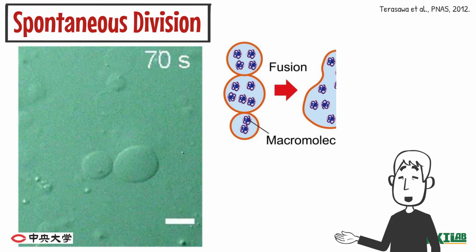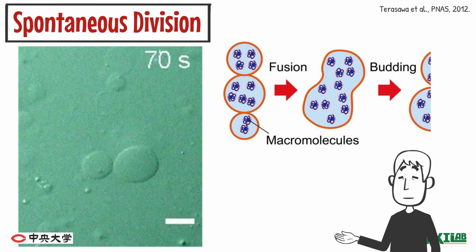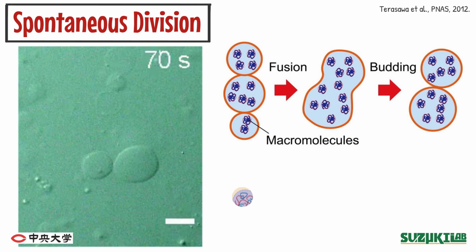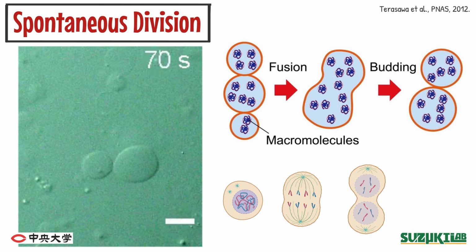We showed that the membrane deforms inward due to a physical effect called the excluded volume effect, which causes the division-like deformation to occur. In eukaryotic cells, a complex molecular mechanism called mitosis operates to partition duplicated DNA and divide. However, our result shows that membrane division could occur even in a very primitive system.